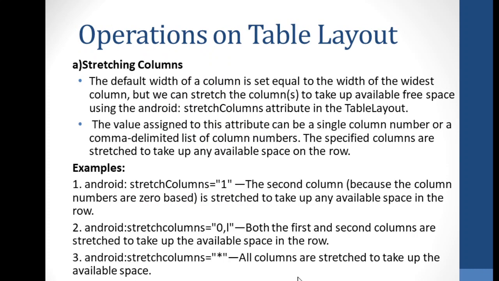When we go with stretching of the columns, the width of a column is set equal to the width of the widest column. We can stretch the columns up to the available free space by using android:stretchColumns equal to 1. The value assigned to this attribute can be a single column number or a comma delimited list of column numbers, or we can specify the stretchable columns to the available space in a row also.